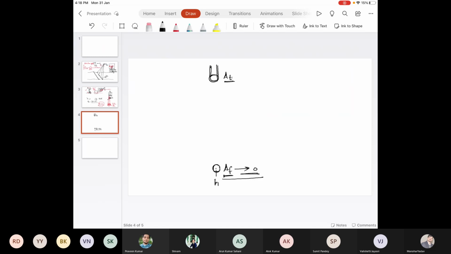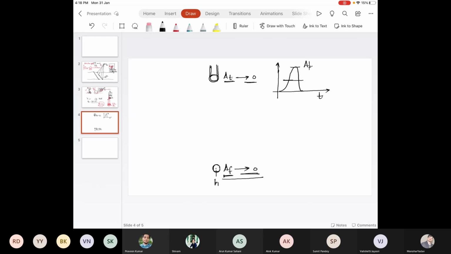So the requirement is that we want to make AT tend to 0, but we can't do this. Why? We have also defined that the generated laser beam should be a high-powered laser beam. High-powered laser beam means this amplitude AP, the beam is generated with respect to time.